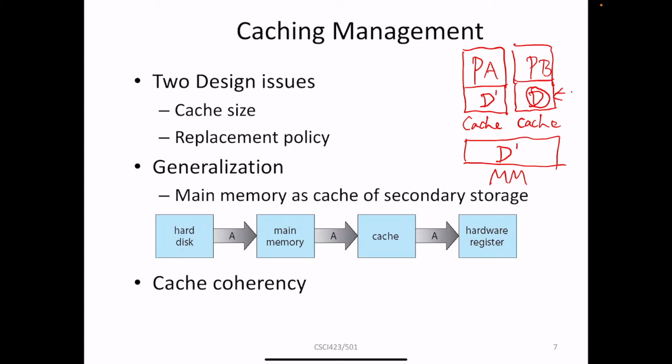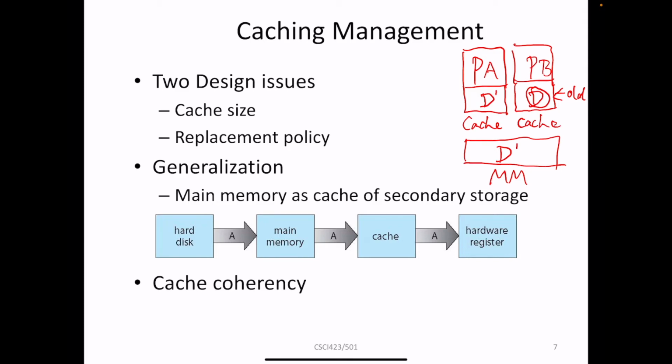Only when data D is removed from processor B's cache and B needs it will D prime be loaded into B's cache. If data D doesn't get moved out of processor B's cache, D will be kept there, so B will always use the old data.